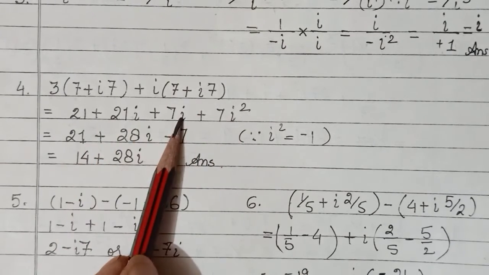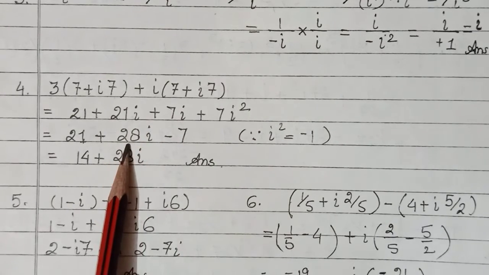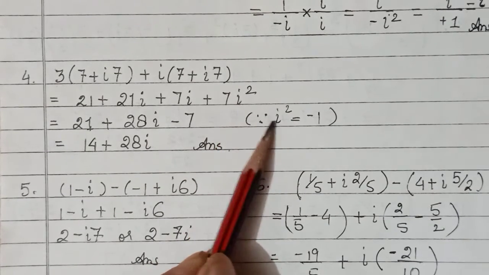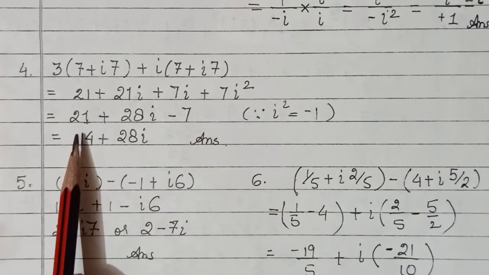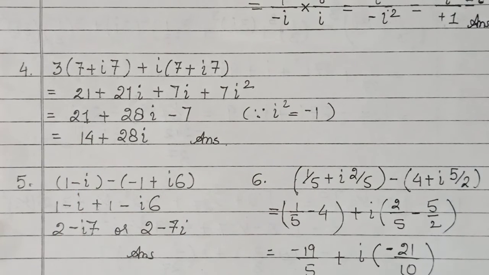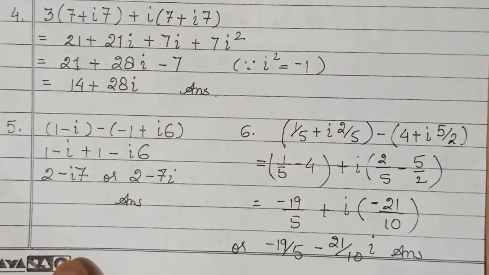Now both of them are i's, like terms. Okay, so we can add them. So this becomes 28i, and this i square is minus 1, so this becomes minus 7. And so the numbers plus 21 minus 7 end up giving you 14. So in standard form it's actually 14 plus 28i.